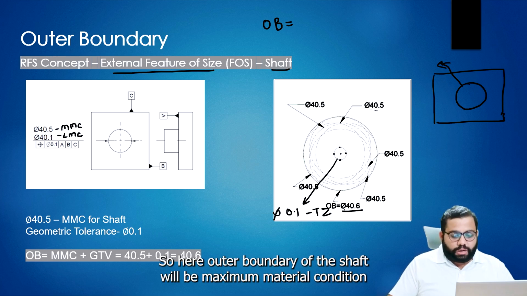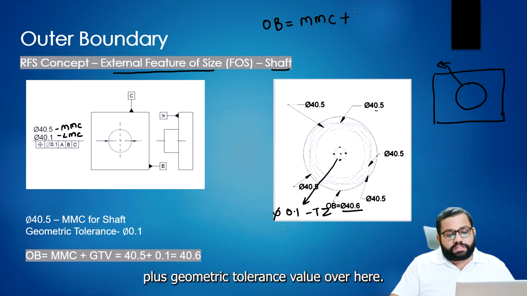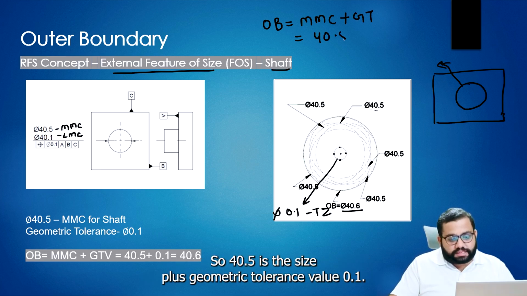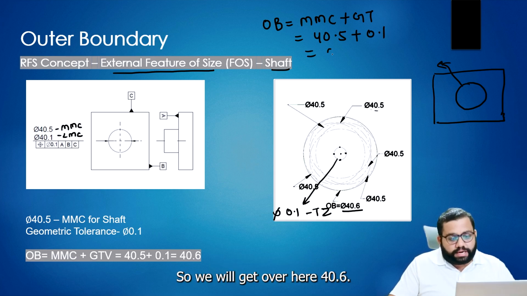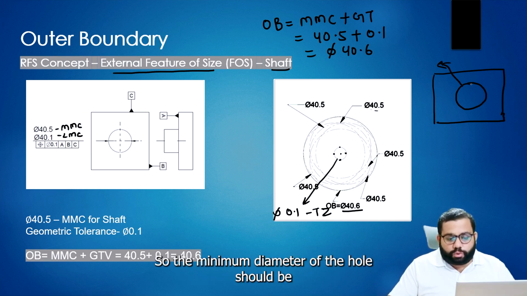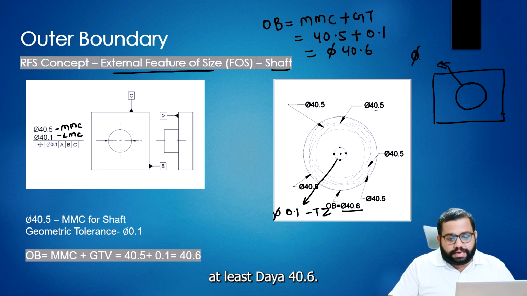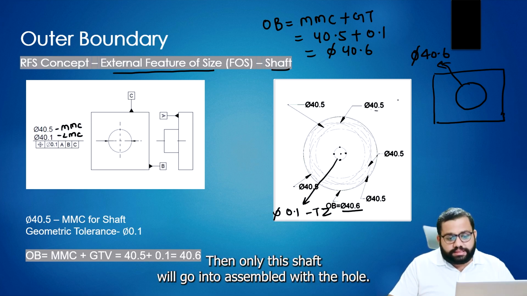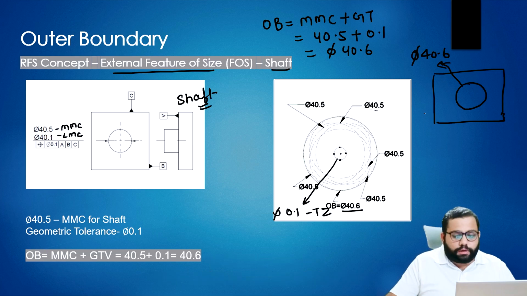Here the outer boundary of the shaft will be the maximum material condition plus the geometric tolerance value. So 40.5 is the size plus the geometric tolerance value 0.1, so we get 40.6. The minimum diameter of the hole should be at least diameter 40.6. Then only will this shaft be assembled with the hole.